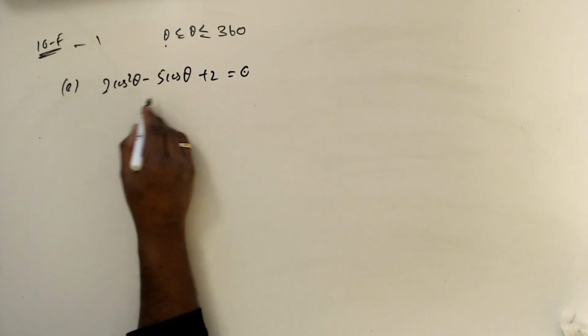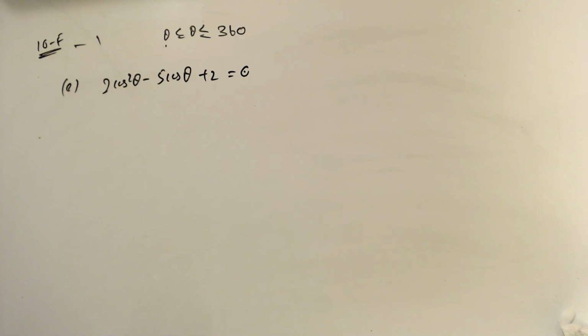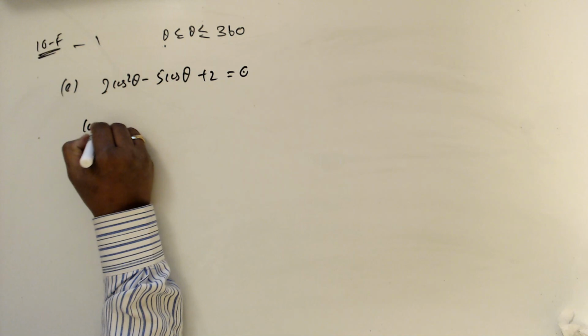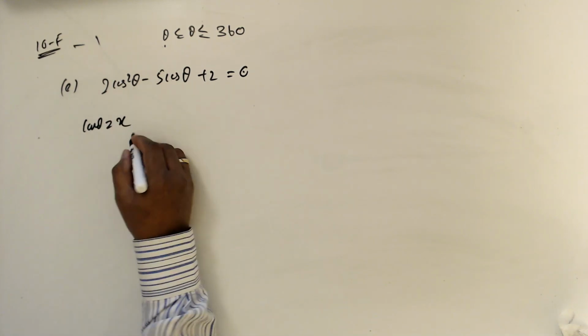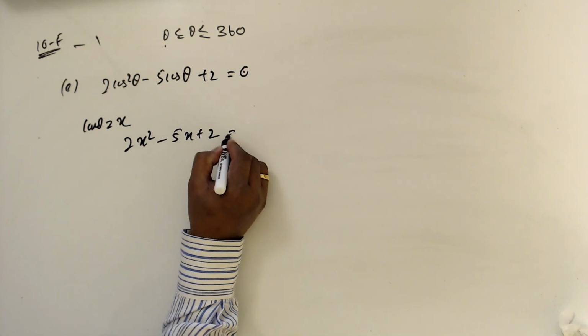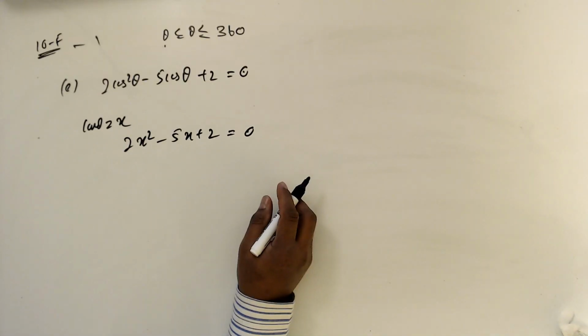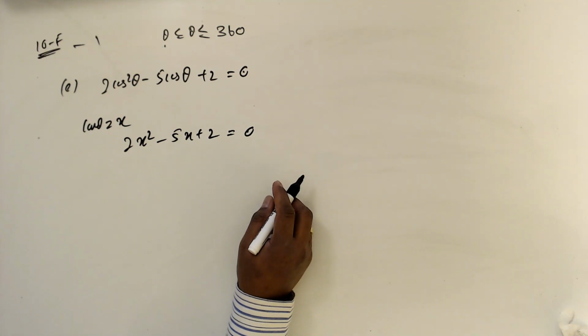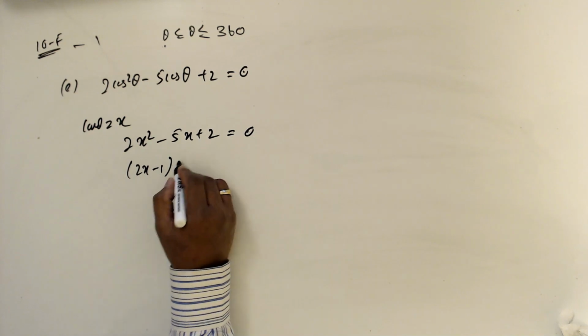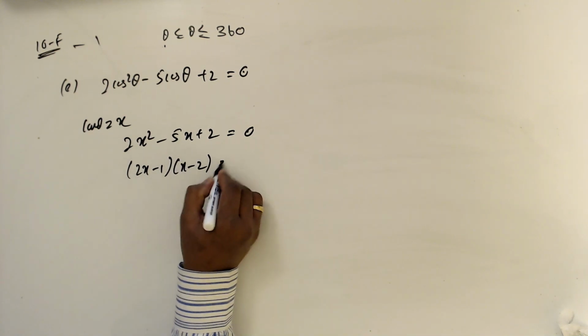2 cos squared theta minus 5 cos theta plus 2 equals 0. Let cos theta equal x. So we will take this one: 2x squared minus 5x plus 2 equals 0. Now we can work it out: 2x minus 1 and x minus 2.